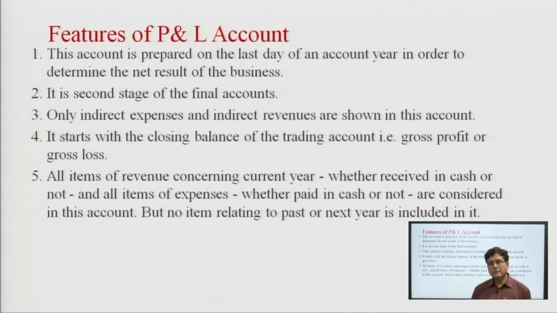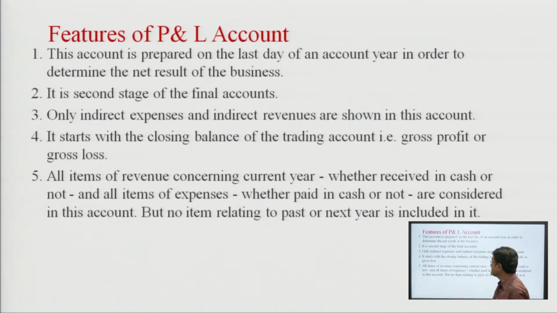So, the company will prepare the final profit and loss account after 31st March, but it will take the data related to the financial year up to 31st March, not beyond, into 1st April.